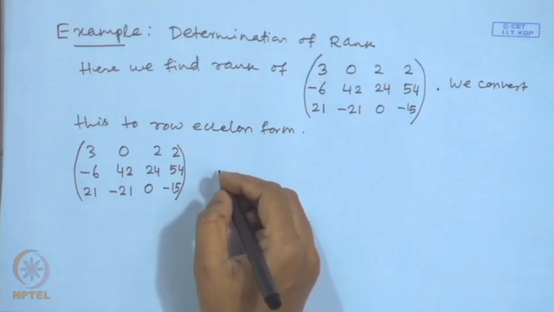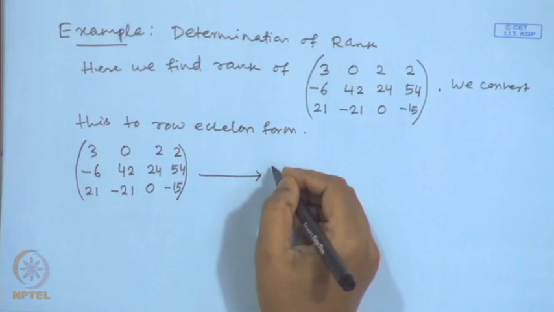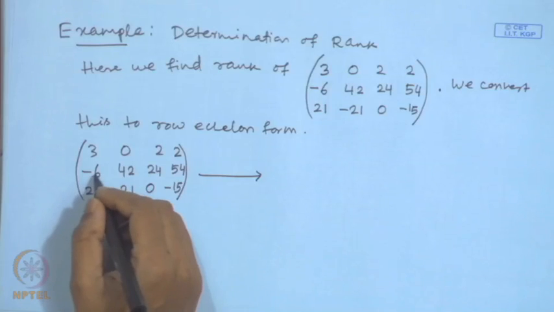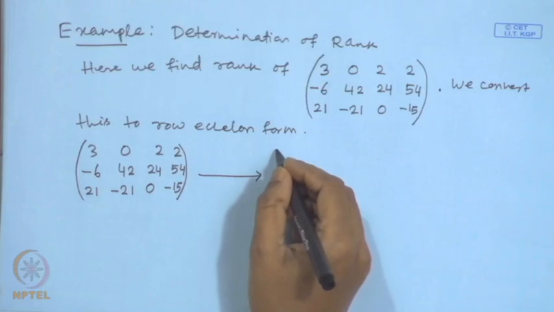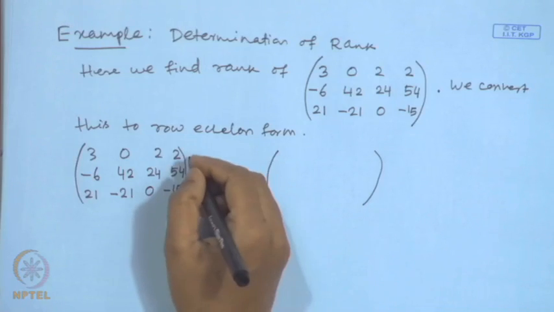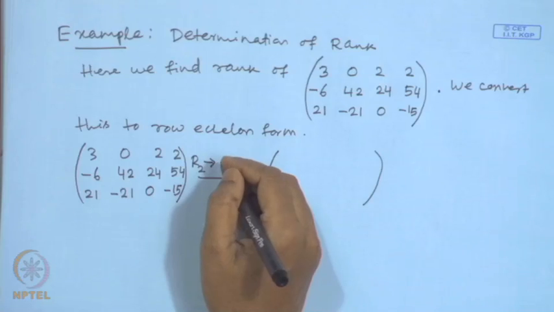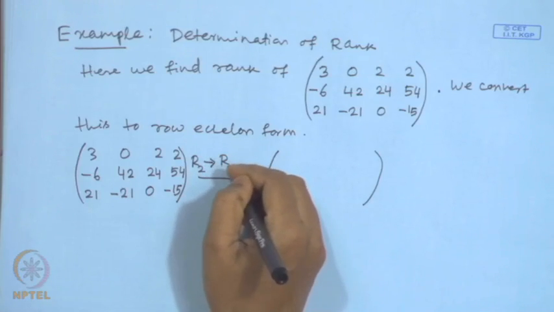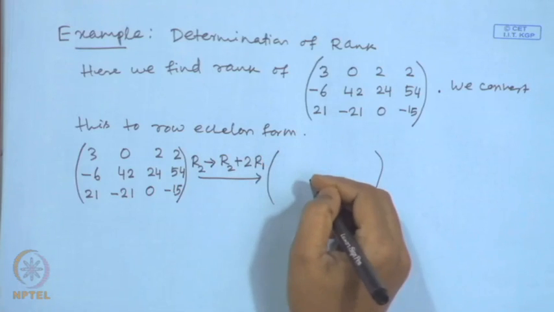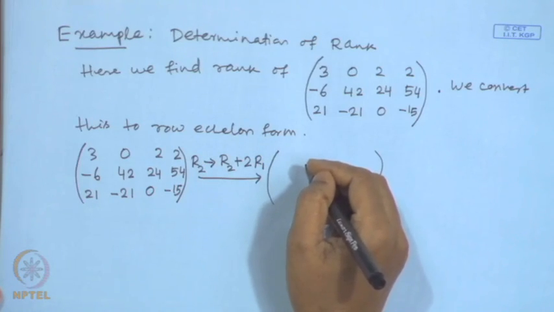So, here we apply an elementary row operation and make this position 0. We apply the row operation that the second row R2 is replaced by R2 plus 2 times R1, the first row.